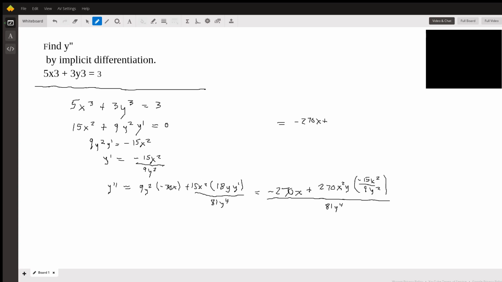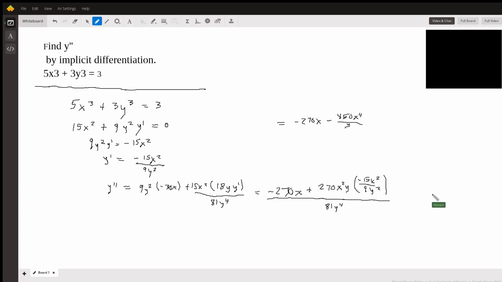It's going to give me negative 450 x to the fourth over y.